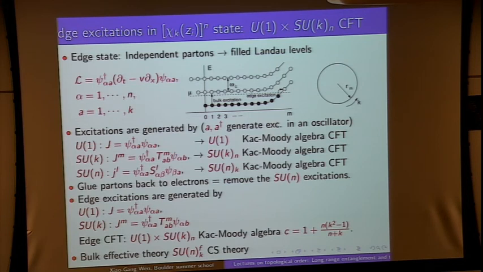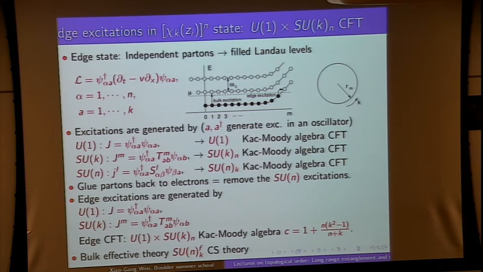However, they are not quite oscillators. For U(1), they are really oscillators. For SU(N) and SU(K), they are similar to oscillators, but the algebra has some modification. It's not quite the oscillator algebra, but a modified algebra called the Kac-Moody algebra. But the idea is similar: you can generate all the excited states.